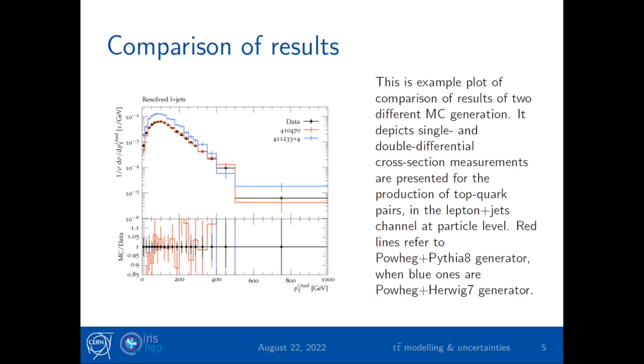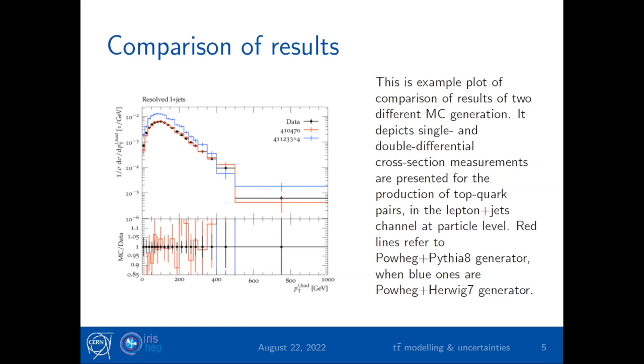This, for example, depicts single and double differential cross-section measurements of production of top-quark pairs, and we can use it for seeing which describes the observable data better.